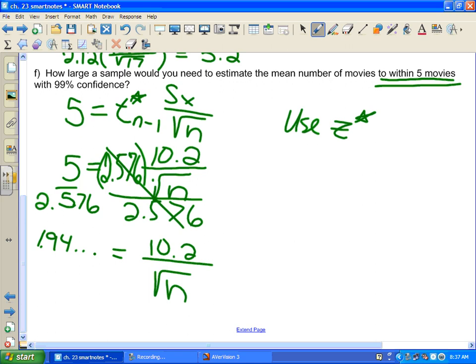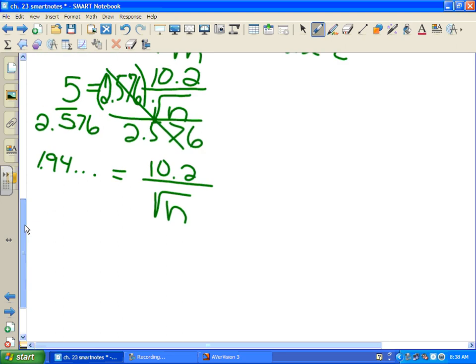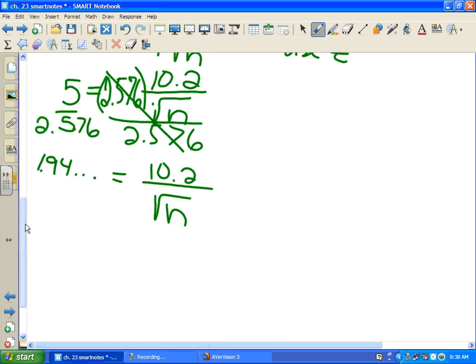Okay? Now, how do we solve the rest of this? Would you square it? Well, this one's a little different than the proportions. In the proportions, we did square everything because the whole thing is in a radical. Since 10.2 is not in a radical, we don't want to square yet.